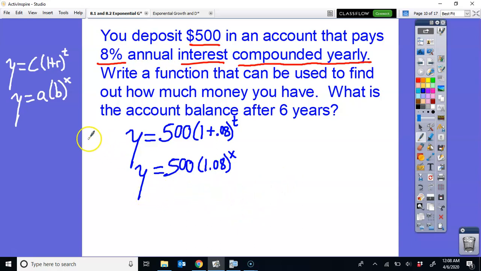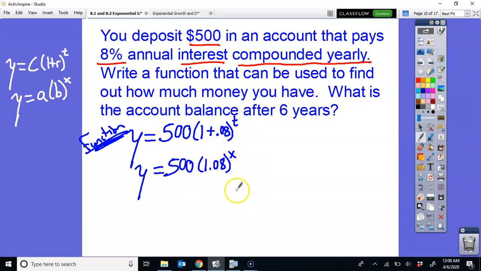This right here is the function that represents what's happening to my account for any number of years I would want. So now I can use this function to figure out multiple numbers of years. Or I could use this function to figure out the amount right here that I would have and figure out how many years it would take me to get there.